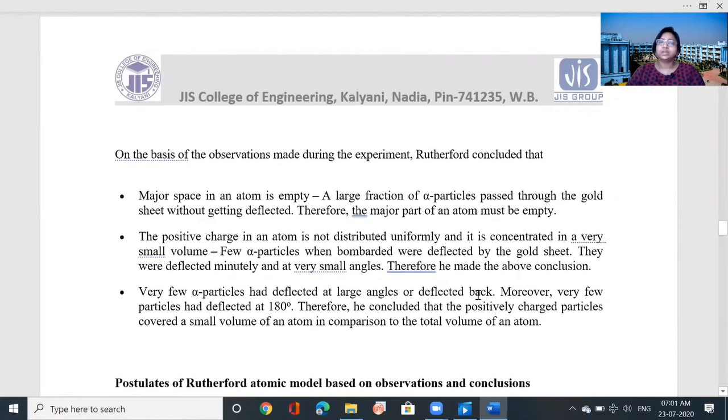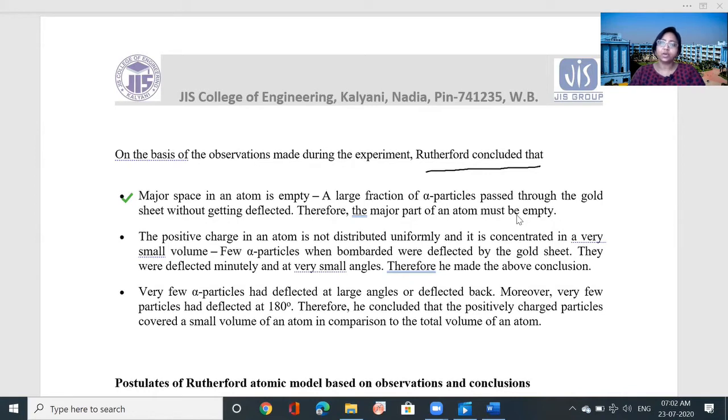So on the basis of the observations made during the experiment, Rutherford concluded the following, which is very important. Number one, the major space in an atom is empty. A large fraction of alpha particles pass through the gold sheet without getting deflected.